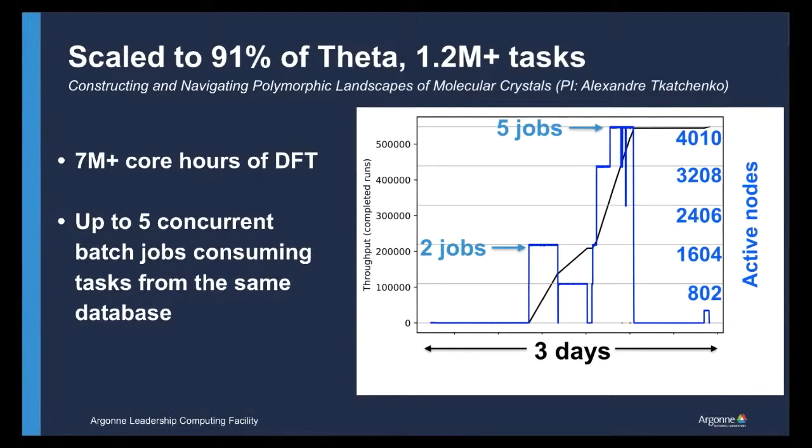And all of these jobs are cooperatively pulling tasks from the database and completing them. So this is a nice way to get a lot of work done spread over multiple batch jobs in a way that doesn't require any manual packaging or redispatching of tasks.